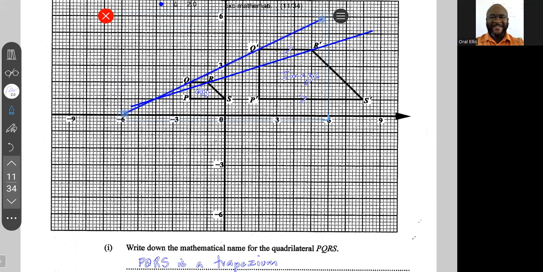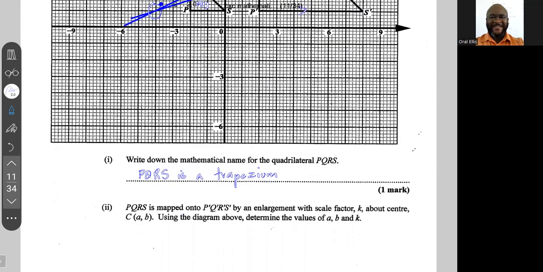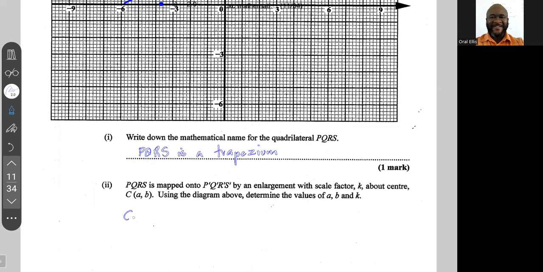Since the two straight lines intersect here, that is the center of enlargement, and that is the point minus 4, 1. So the center AB is the point minus 4, 1.